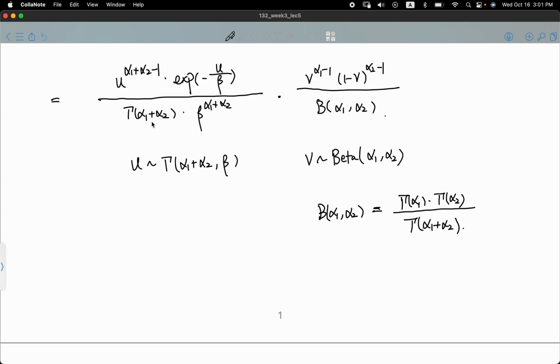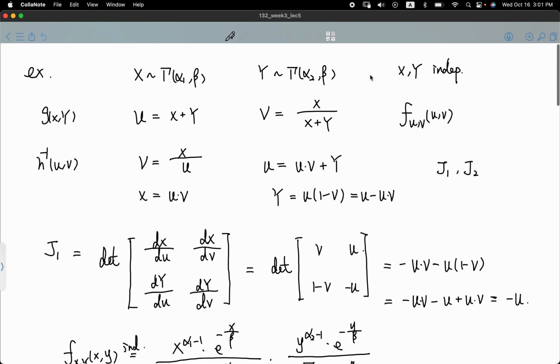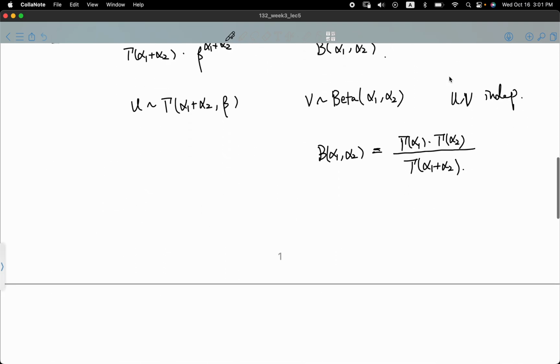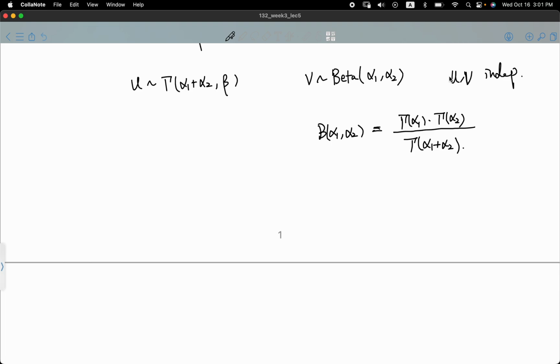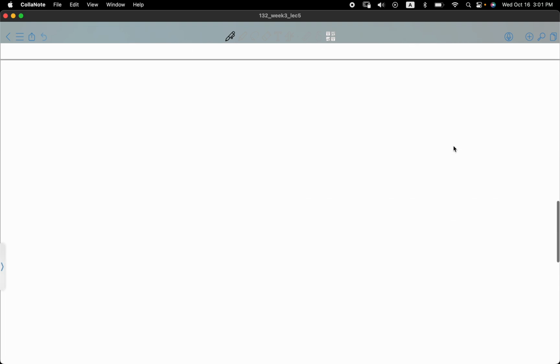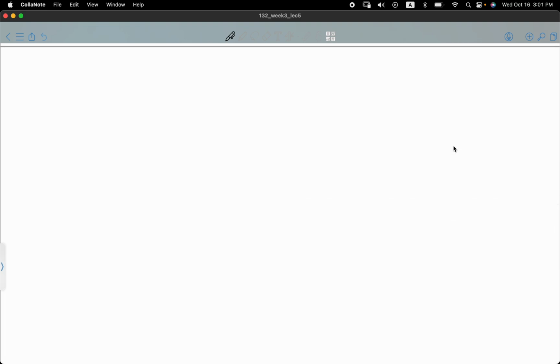And because they can be separated into two marginal distributions, we also know that u and v are independent. So we start with x and y, two independent gammas, make the change, and the new distribution of u and v is a product of a gamma and a beta, and u and v are independent. This is just to refresh your memory on the method of transformation.